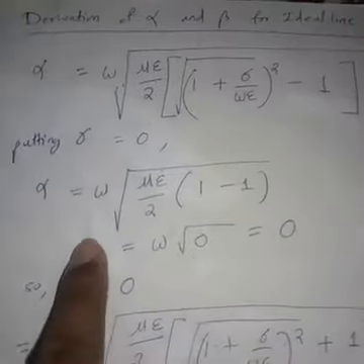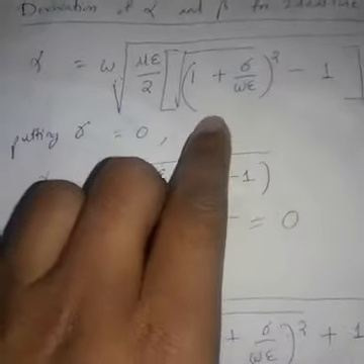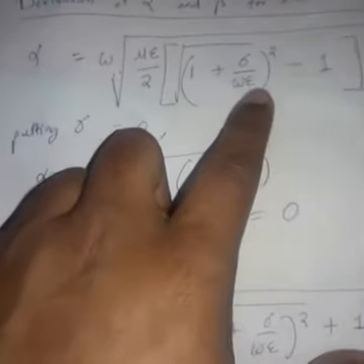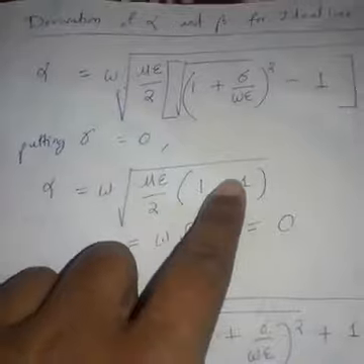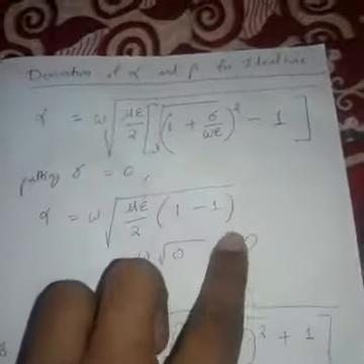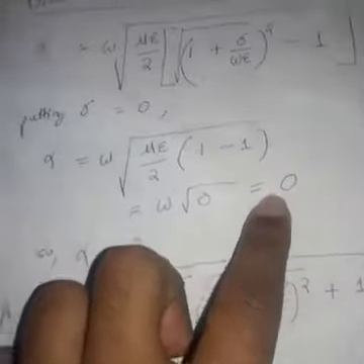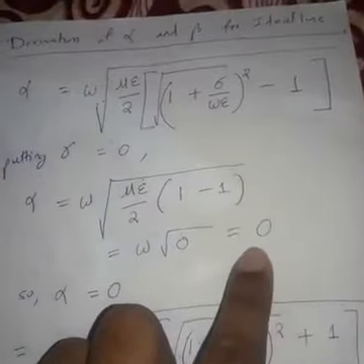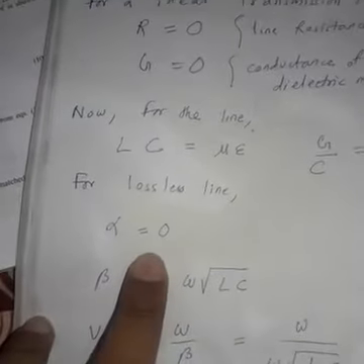So I have written omega root over of mu epsilon by 2, 1 plus 0 whole square root over is 1, minus 1, so 1 minus 1 is 0. Omega into root 0 is 0, and 0 into something is 0. In this way we obtain that alpha is equal to 0. Clear? That is how the condition for a lossless line, alpha equal to 0, comes. Now you are clear?